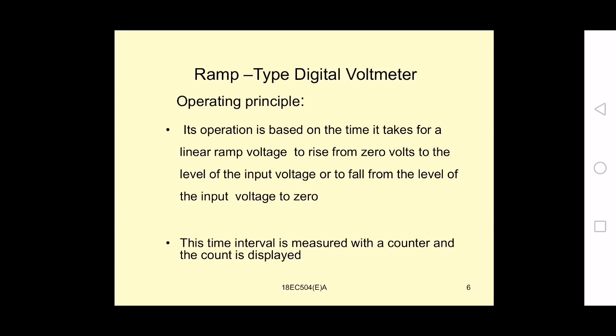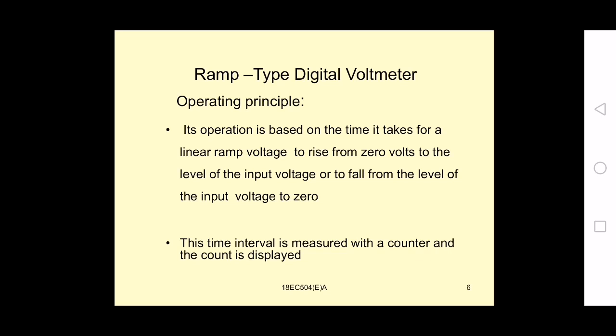If the amplitude increases as time increases along the x axis, we call it a positive slope ramp, whereas if the amplitude decreases as time increases, we call it a negative slope ramp signal. So we have two types of ramp signals: the first is positive slope and the second is negative slope.